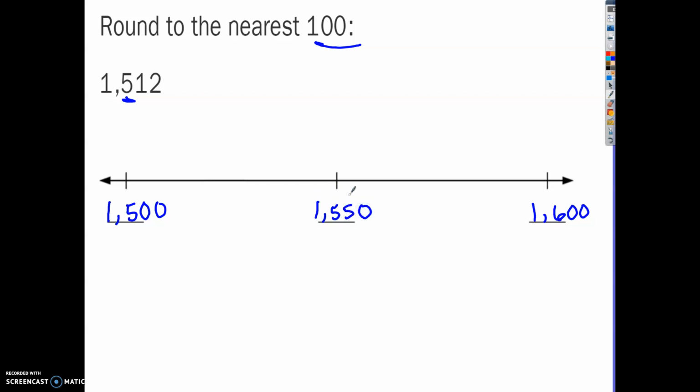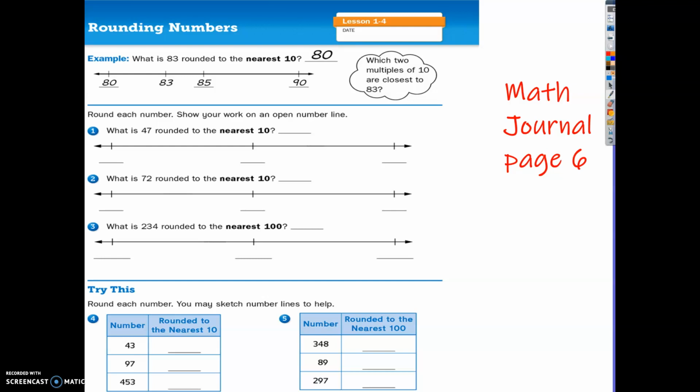And when I'm looking at this number line, well, 1,512 is going to be in here somewhere because it is less than 1,550. So I'm just going to sneak it right here, which means it's closer to 1,500. So if I was going to round this number to the nearest 100, it would be 1,500.